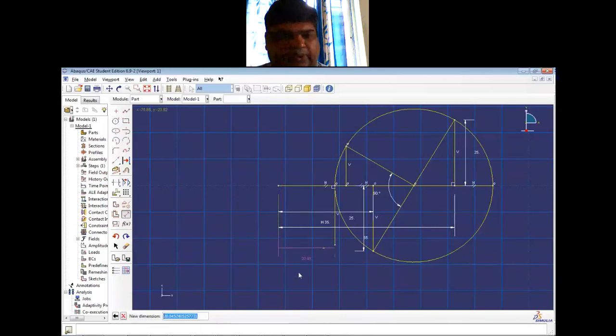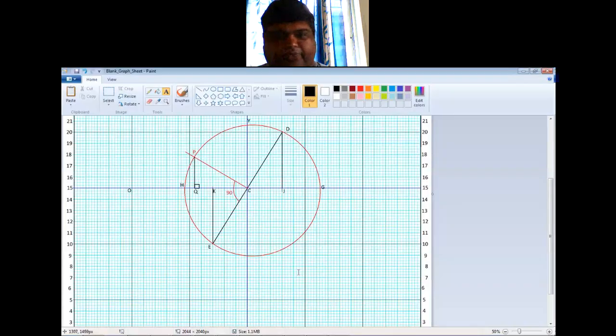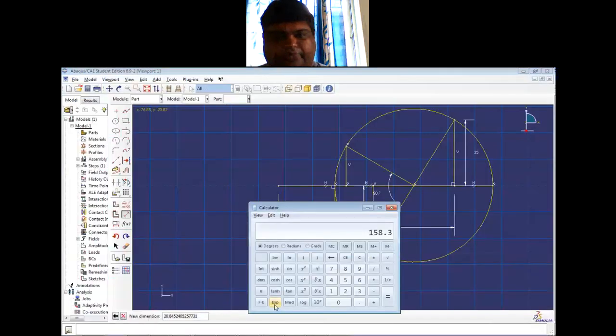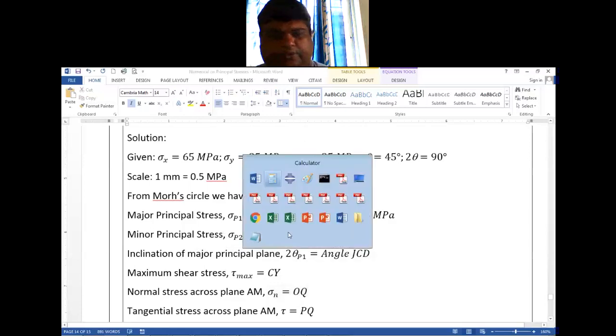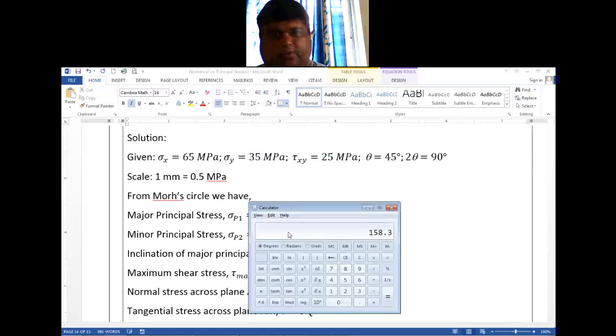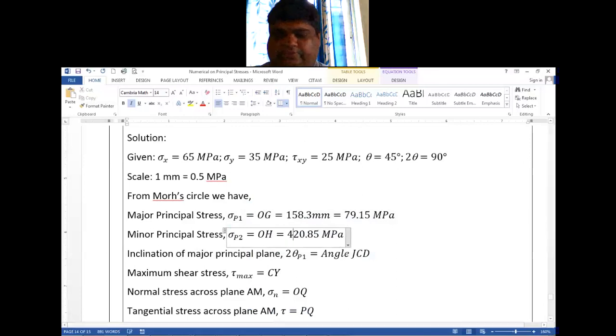So that is 20.85 megapascal, right? 20.85 into 2, 41.7 mm.